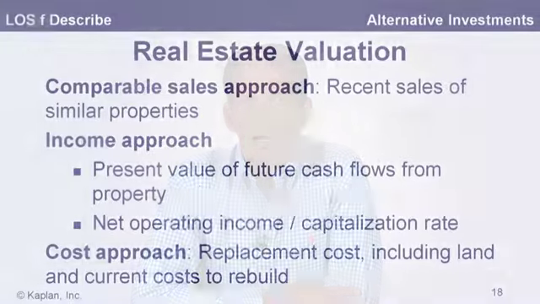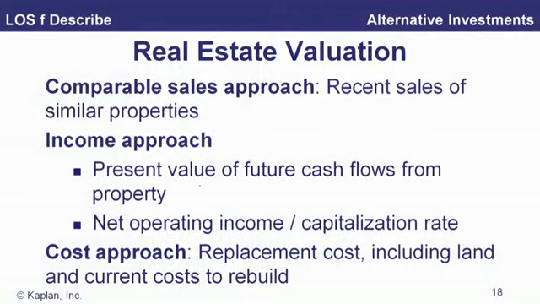So it's a lot like present value stuff. Cost approach, replacement cost, including land and current costs to rebuild. It's one approach. Don't use it a lot. If there wasn't any income or cash flow right now for some reason and comparables were hard to find, you might try the cost approach to at least get an idea of the value of the real estate.